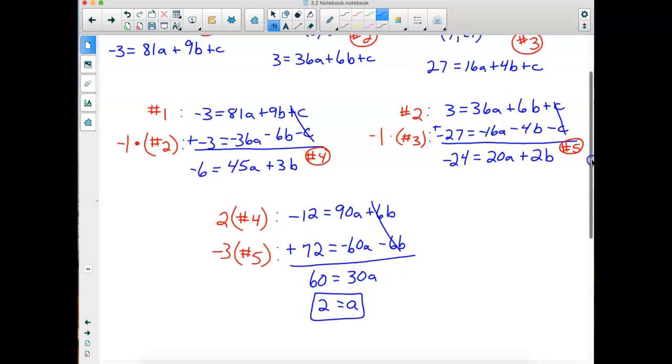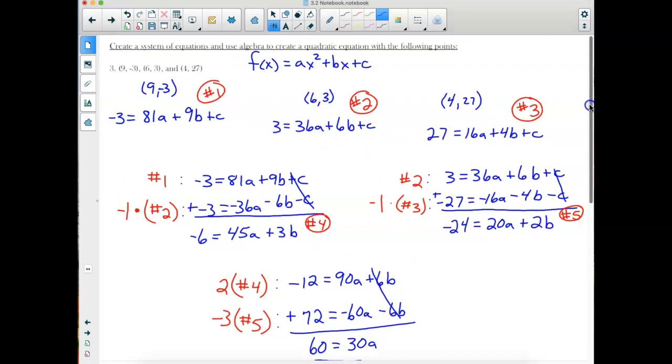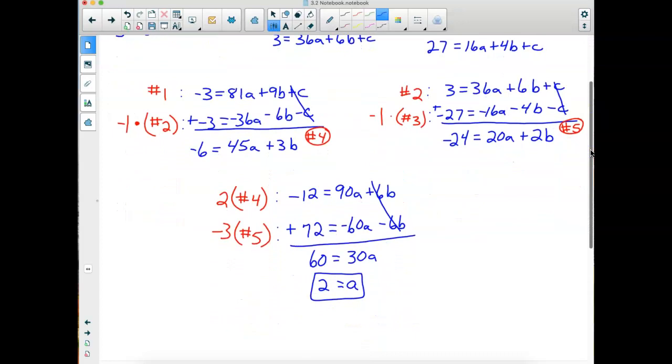Look at all that work people are going to tell me they did in their head. So I know A is 2. Now I have to take that 2 and come back to equation 4 or equation 5. It really doesn't matter which one it is. I'm going to pick equation 4 just for fun, and plug my 2 into number 4.